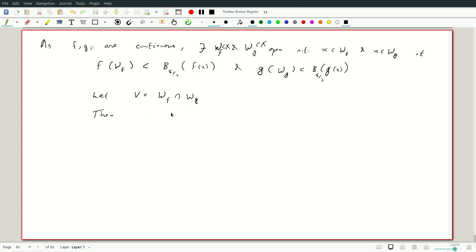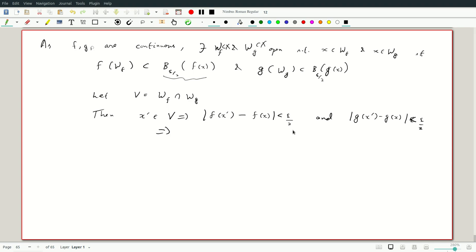Then if I have another point x prime belongs to V, this implies that f of x prime is in this ball, which means that mod of f of x prime minus f of x is less than epsilon by 2, and mod of g of x prime minus g of x is less than epsilon by 2.